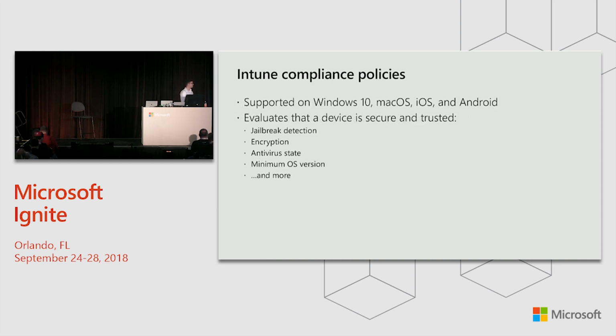Is the device jailbroken? Is it rooted? Is antivirus turned on? These kinds of things. We can apply compliance policies on iOS, Android, Windows, macOS, across the board. And for a long time, that was good enough to basically say this device has a reduction of risk, therefore we trust it, we give it access.